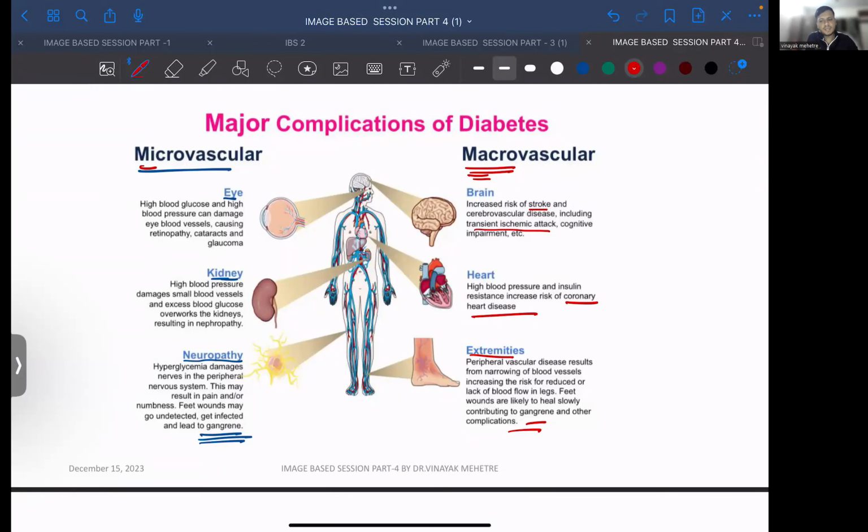Now tell me, ADH is produced by which part of pituitary gland? Which hormone is not produced or secreted in humans?